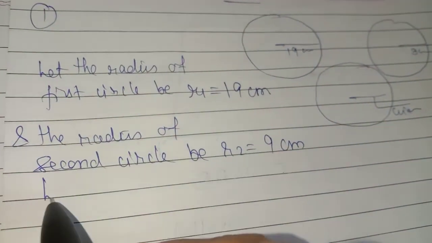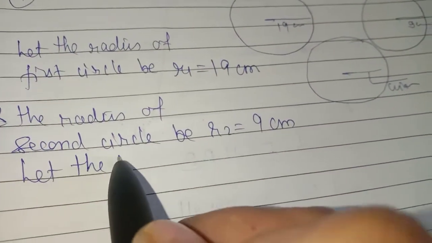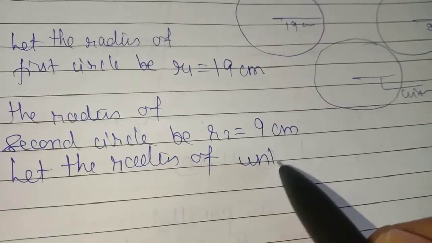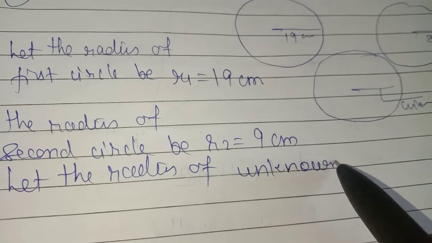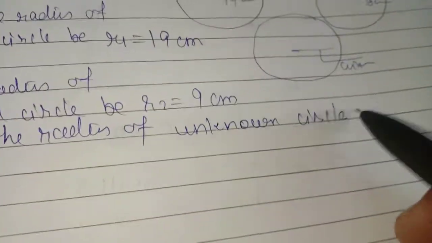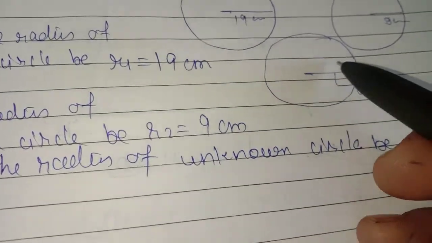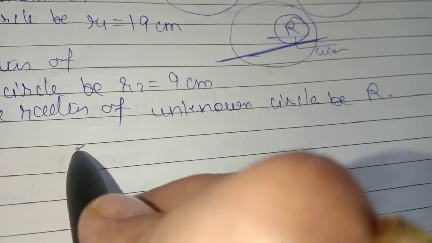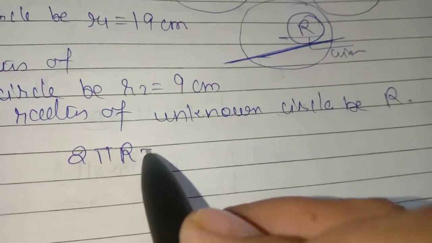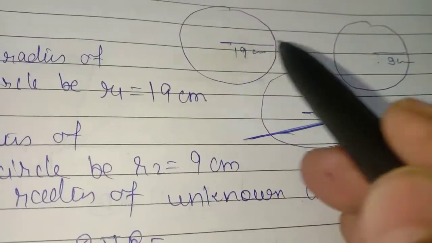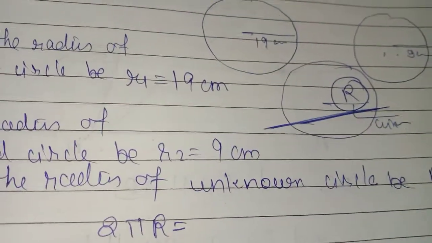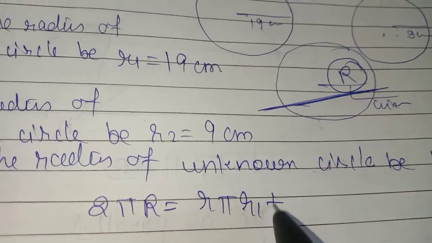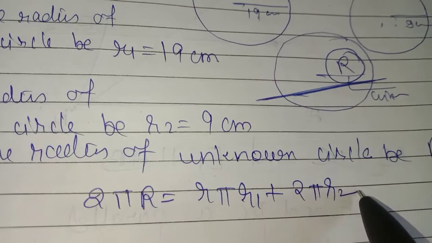So we will write, let the radius of unknown circle be R. Now the circumference of this circle, that is 2 pi R, is equal to the sum of circumference of these two circles. Very easy question. Only we have to maintain the formula, that is 2 pi r1 plus 2 pi r2.